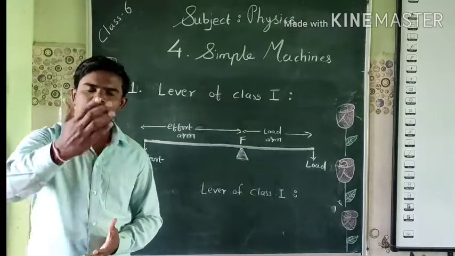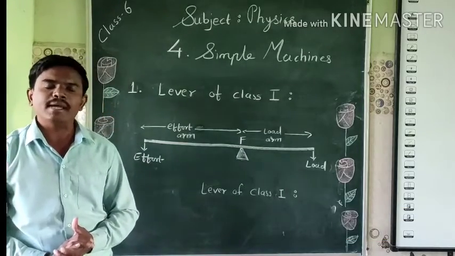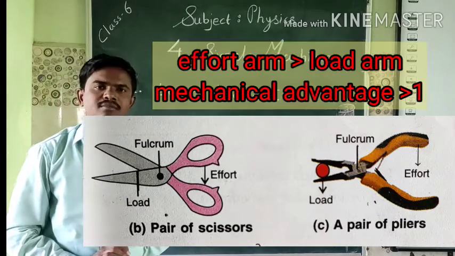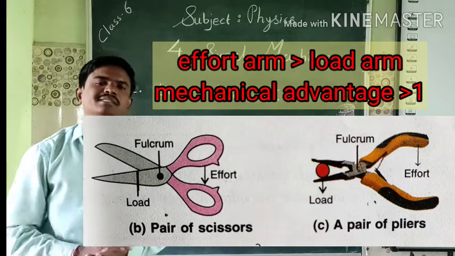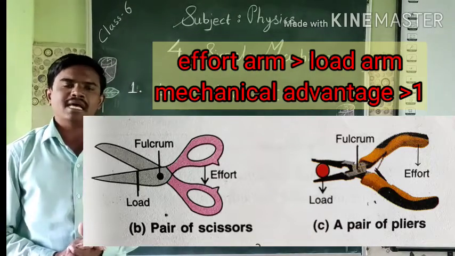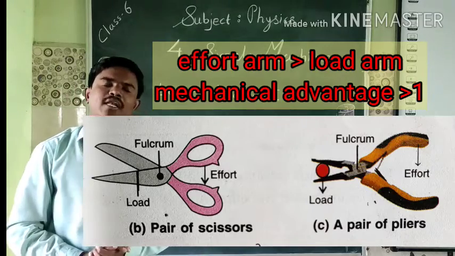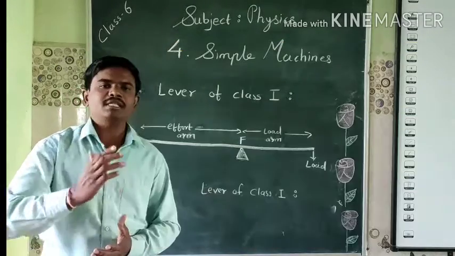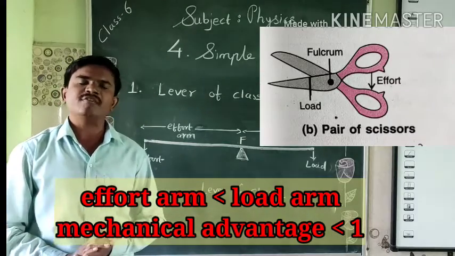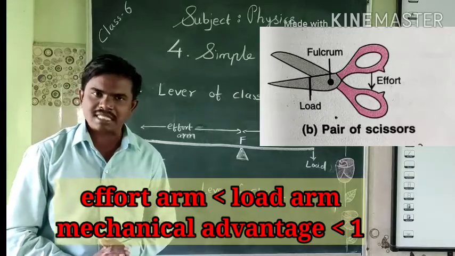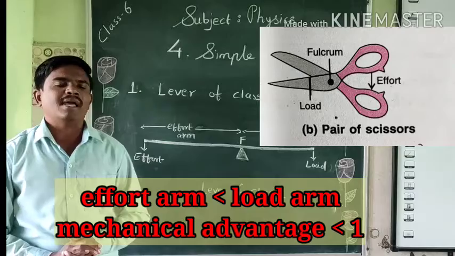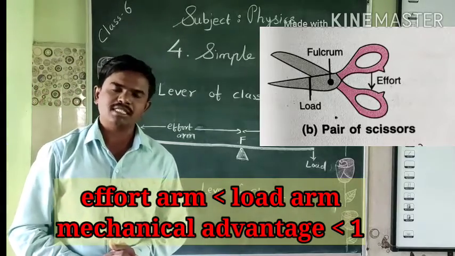But you can see pliers, in which effort arm is greater than load arm, so we can say that its mechanical advantage value is greater than 1. But in a pair of scissors, the effort arm is less than the load arm, so in that condition mechanical advantage value is less than 1.